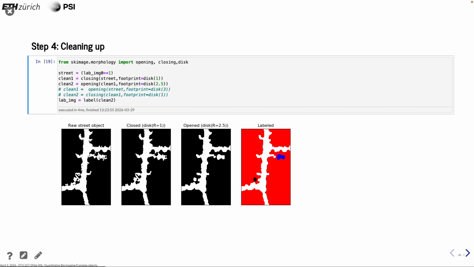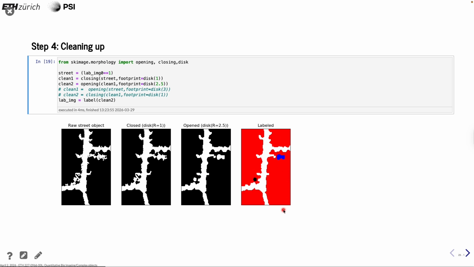So let's do some cleaning. We know already that we can do cleaning with the help of morphological opening and closing. Here I used different sizes of the footprint, disk 1 and disk 2.5, because I want to clean different sizes of structures in this street. With the cleaning, I get rid of some connections. You can see here that after the closing and opening, we can remove at least this blob and this blob.